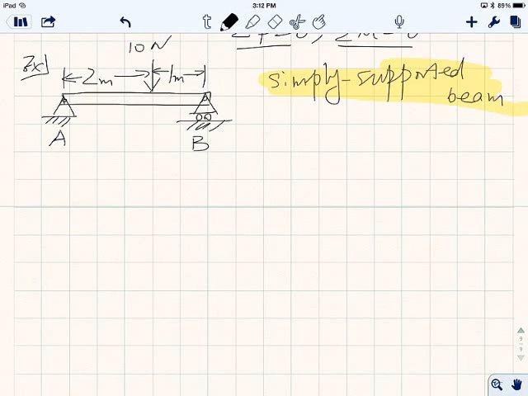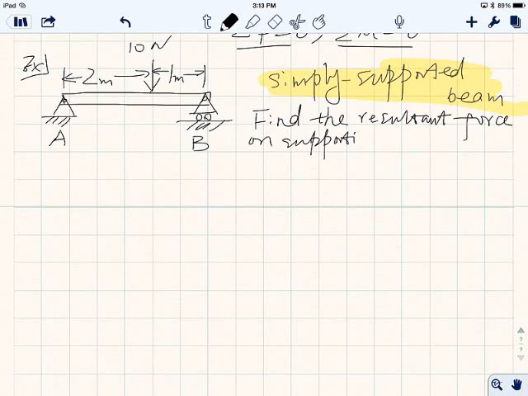Okay, so a simply supported beam. Now, it's asking us to find the resultant force supporting points A and B. Okay, all right.